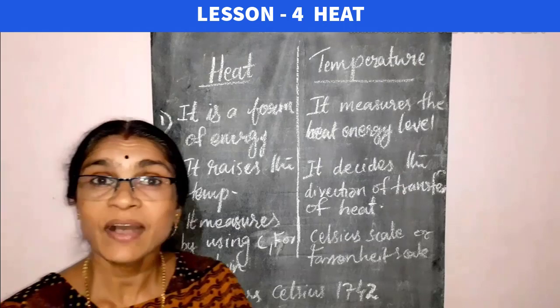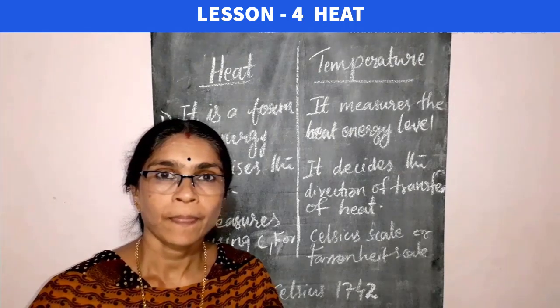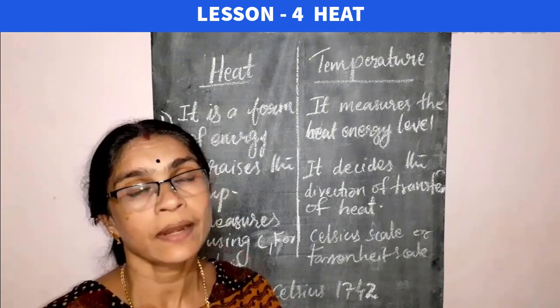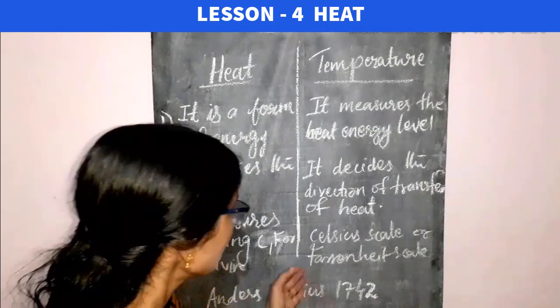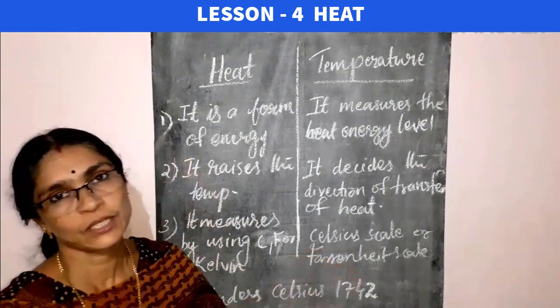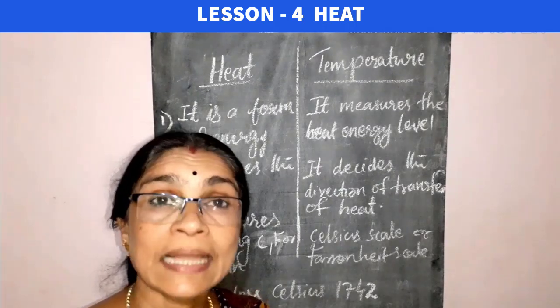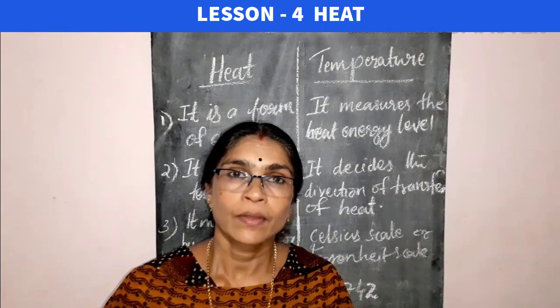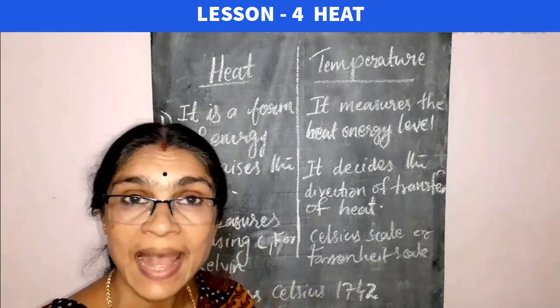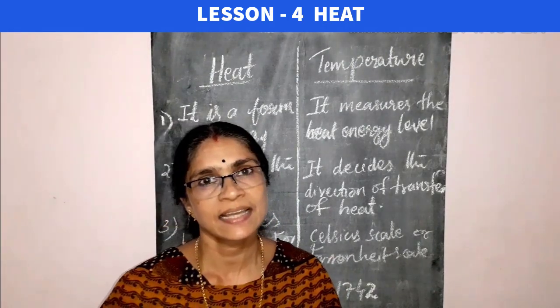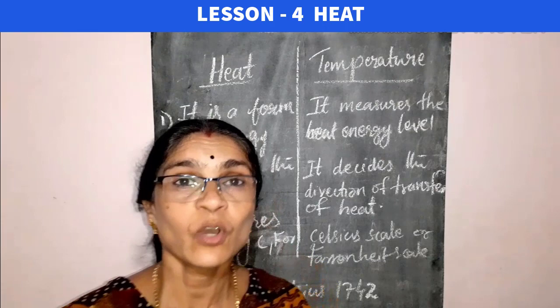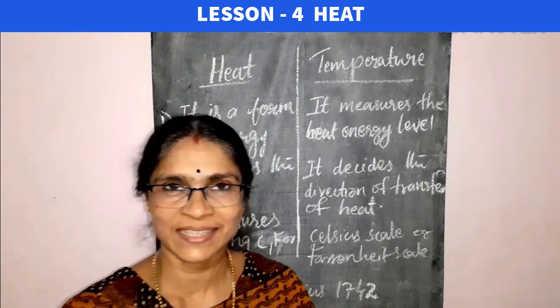Celsius scale was devised by the Swedish astronomer Anders Celsius in the year 1742. He fixed the temperature of boiling of water as 0 degrees Celsius and of freezing water as 100 degrees Celsius.